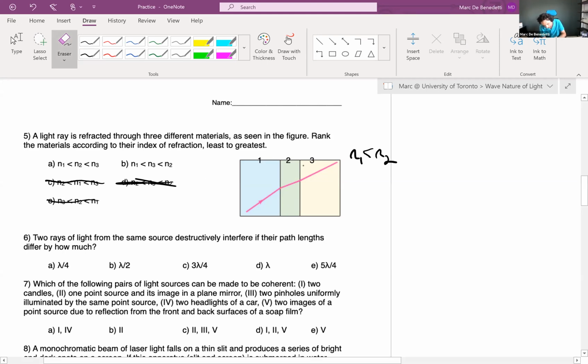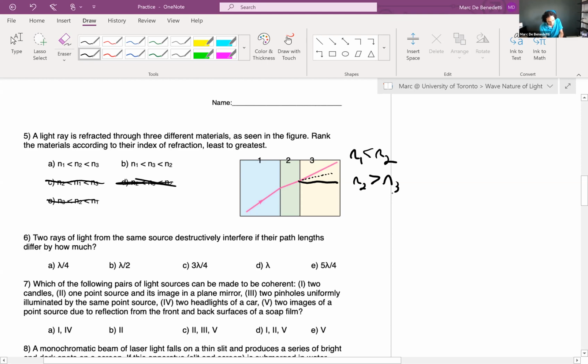And the last thing, this other one here, if we extend it, that's where we want to go. And the normal is here. So this got bent away from the normal. So this tells me that material 2 is in fact larger than material 3.